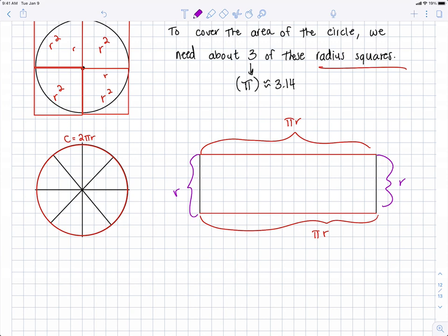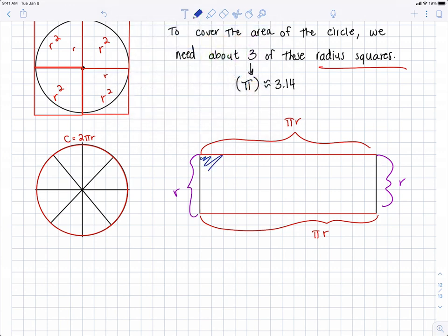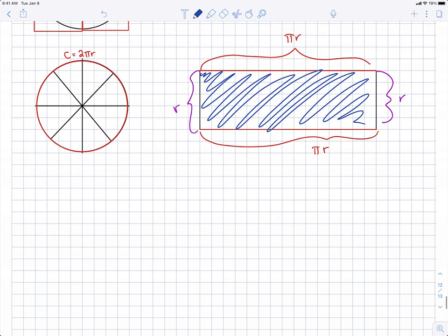So, going back to the question, well, how do I find the area? How do I find the area of this rectangle? Well, now you should be able to tell me. The area of this rectangle, which just so happened to be a circle before, you're going to take the length times the width. So that's going to be pi times r times r.